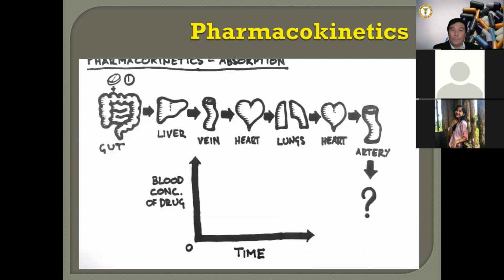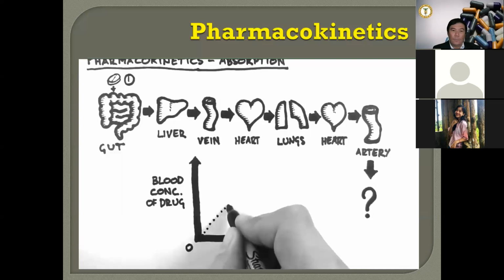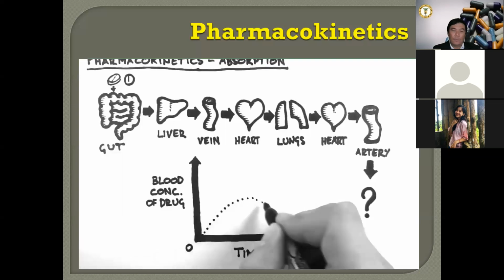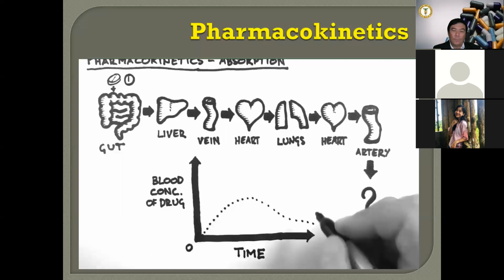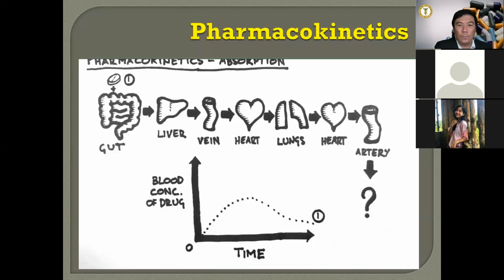Then they move through this whole system: the liver, the venous circulation, the heart, the lungs, back to the heart, and then to the arterial circulation. This takes quite some time. So what we see is a slow rise in the blood concentration and then a slow fall. Note that the Cmax is quite low and the Tmax is quite large.